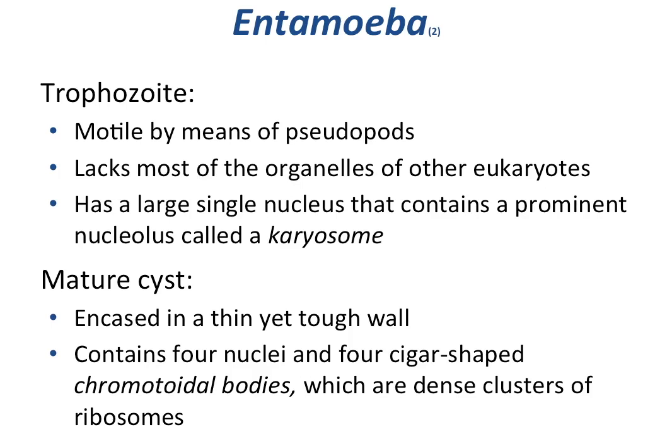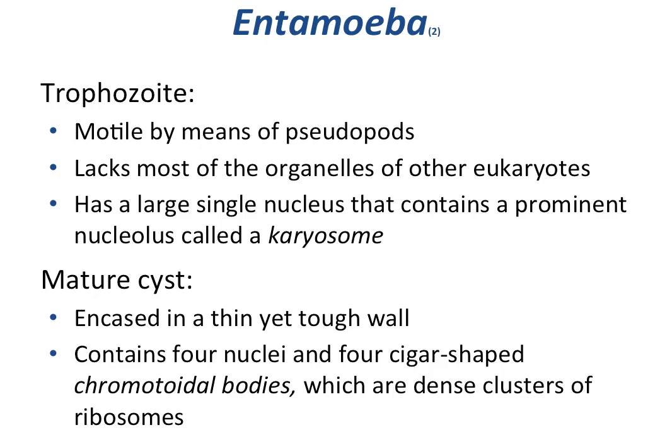So the trophozoite of amoeba actually is multi-pseudopod. So it has a large single nucleus that contains prominent nucleolus called karyosome.